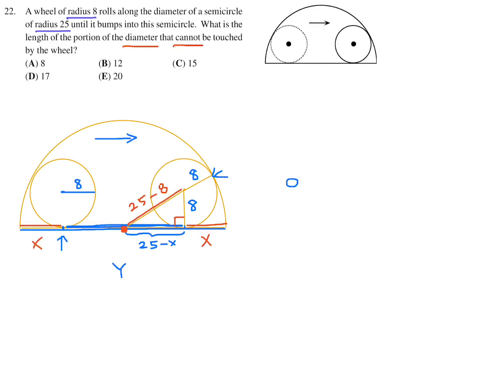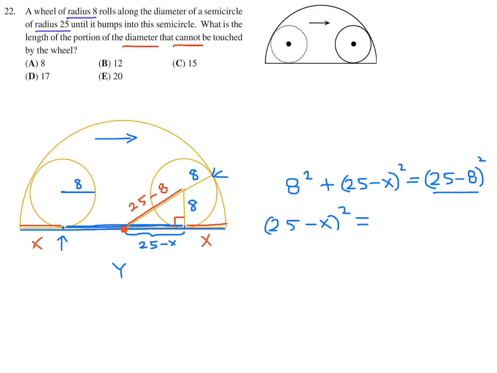So we've got 8 squared plus (25 minus x) squared is equal to (25 minus 8) squared, like that. So let's figure this whole thing out. We've got (25 minus x) squared. 25 minus 8 on this side is 17 squared.